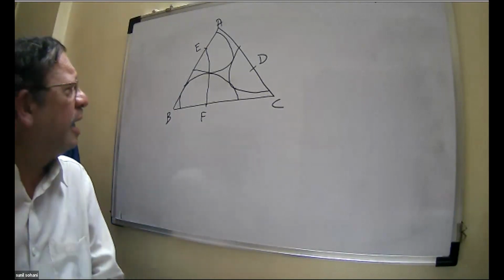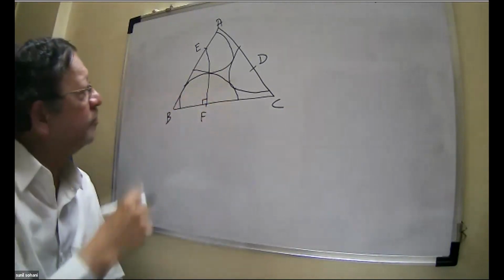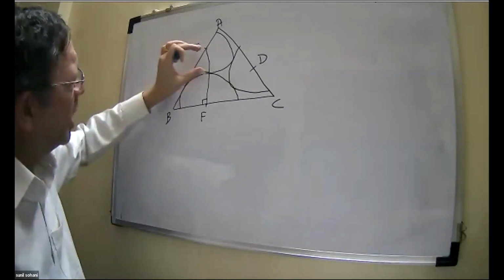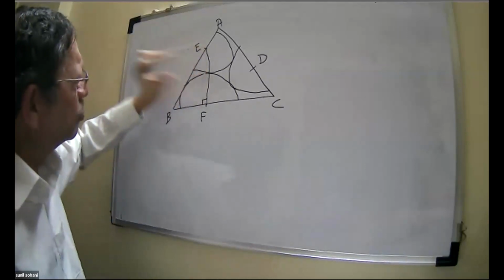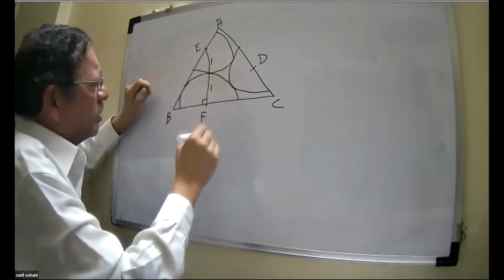Therefore, they will be at 90 degrees, and the radius is 1. So I can say 1 plus 1, EF is 2, because this is a radius and this is also a radius. Sir, why is it 90 degrees?